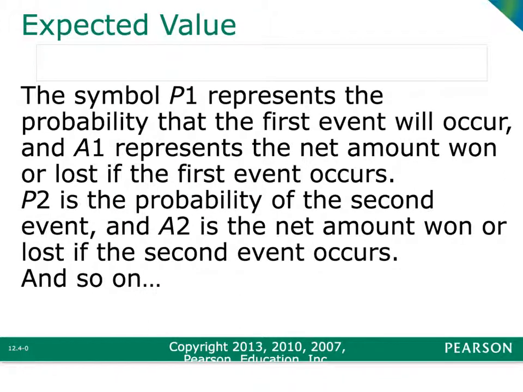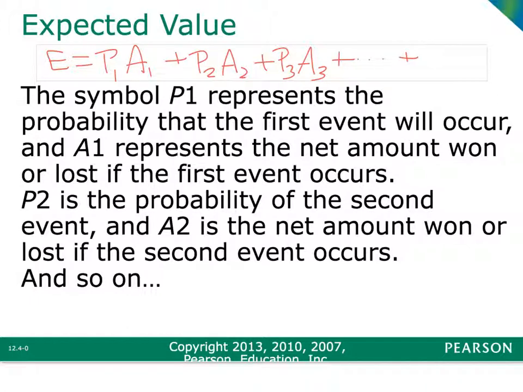The formula to calculate expected value is E equals P sub 1 times A sub 1 plus P sub 2 times A sub 2 plus P sub 3 times A sub 3, and this pattern will continue until you've reached the last event, P sub n times A sub n.